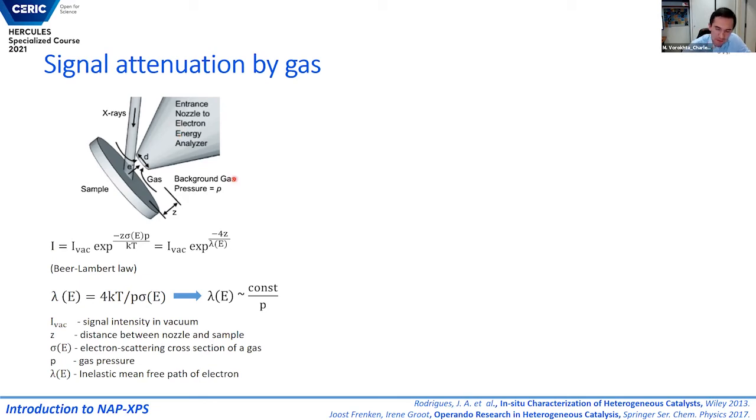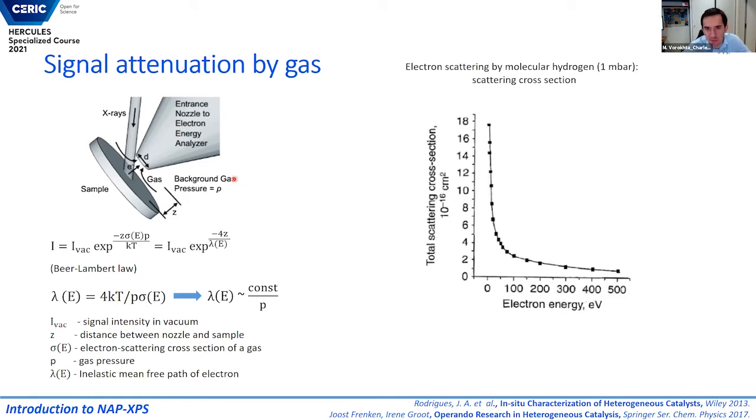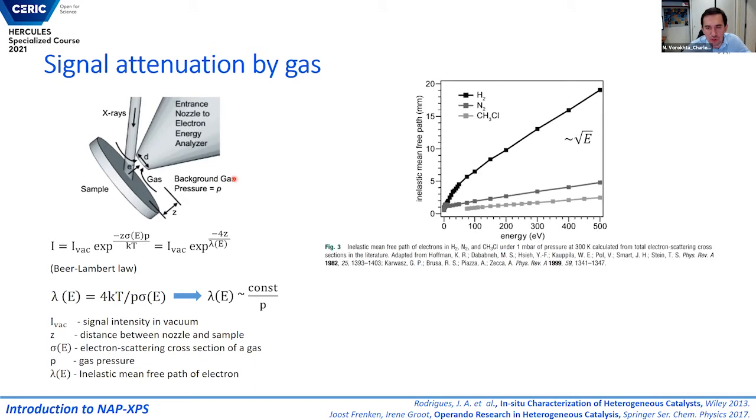Here are some experimental measurements which show how this lambda depends on the energy if you use 1 millibar of different molecules. It also means that not only pressure but also other parameters matter, like sigma, the probability for scattering, which depends on the size of a molecule.